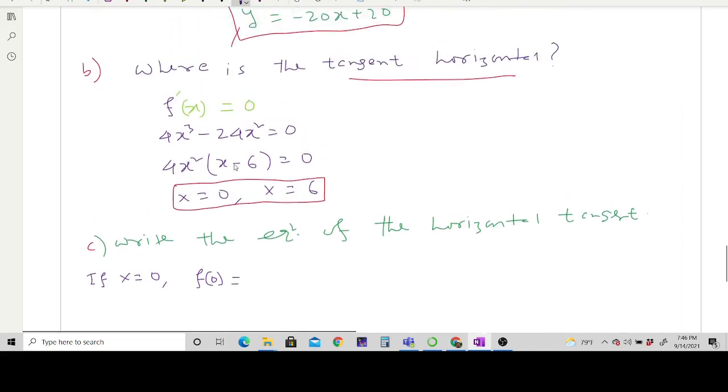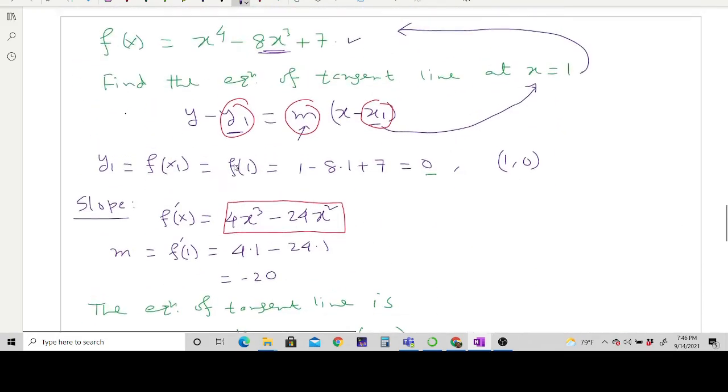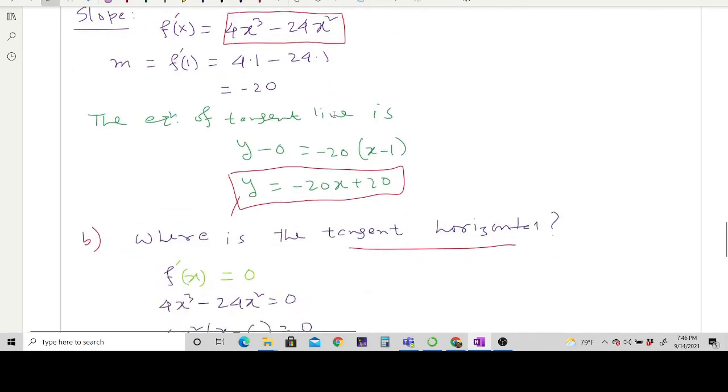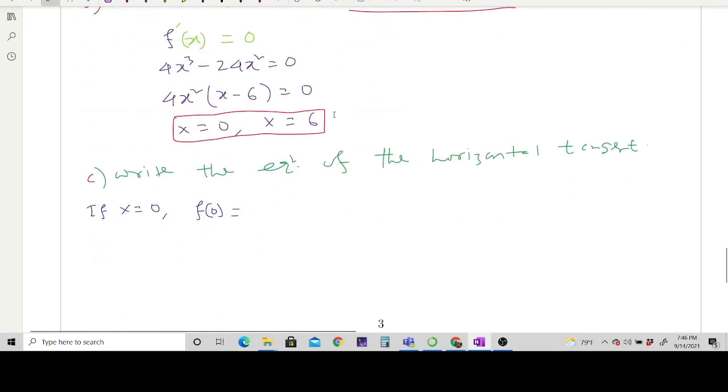The original equation is x to the 4 minus this. If you plug in x equals 0, you get 7. So f of 0 equals 7. This is actually y1, and this one is x1.